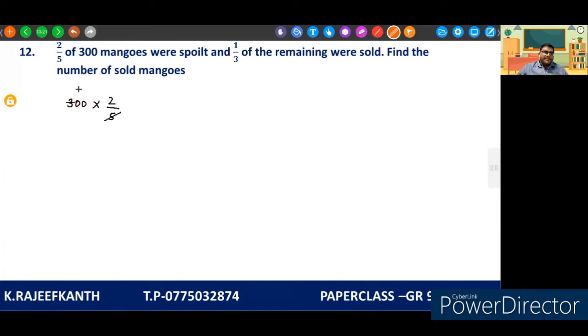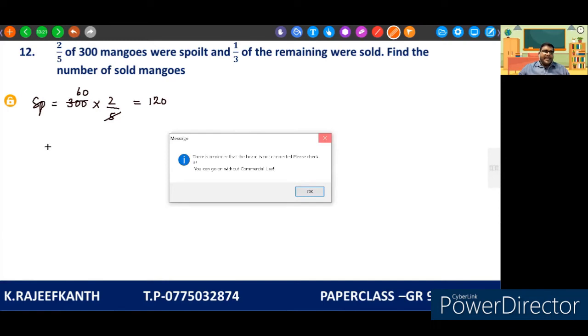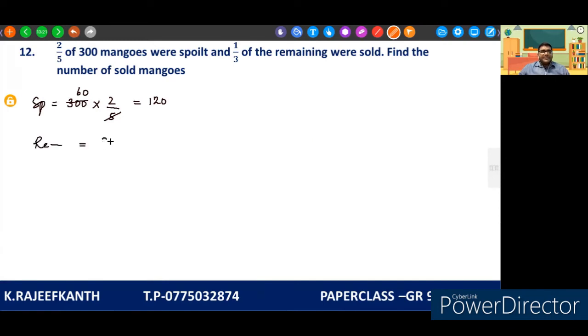Then we can divide by 5, then 60, then 120. This is the number of spoiled mangoes. Right? Now we have to find the remaining. Totally we have 300, the spoiled mangoes are 120, so the remaining mangoes are 180.